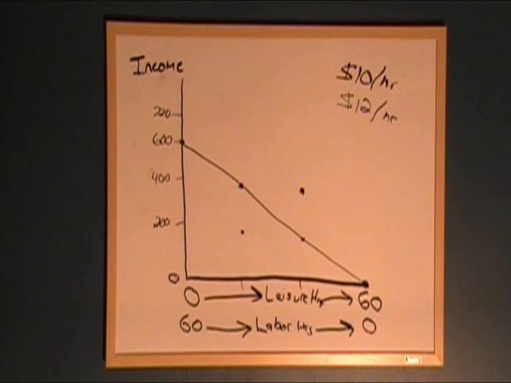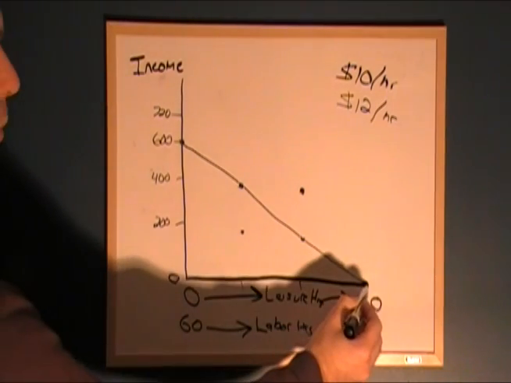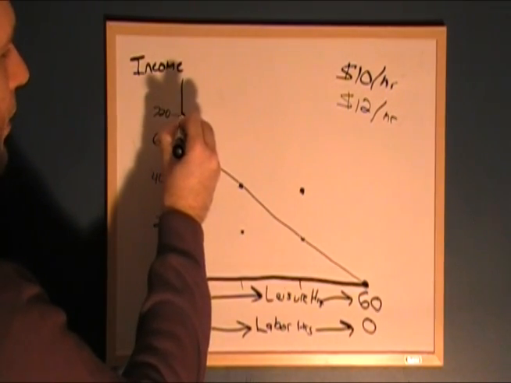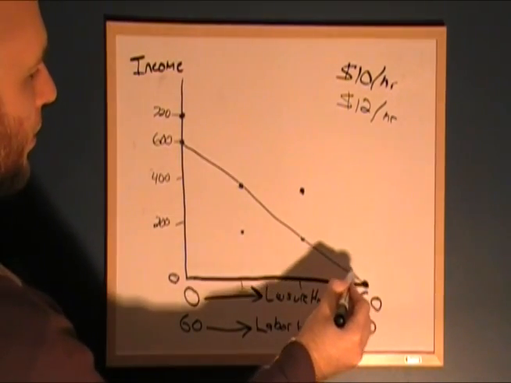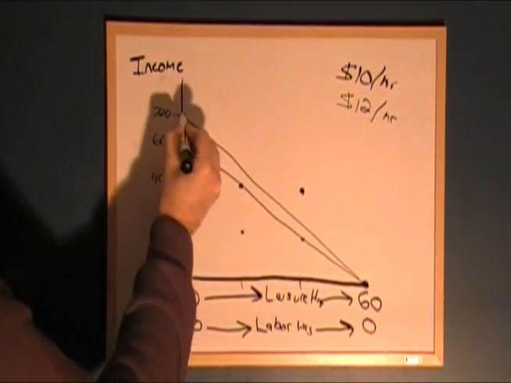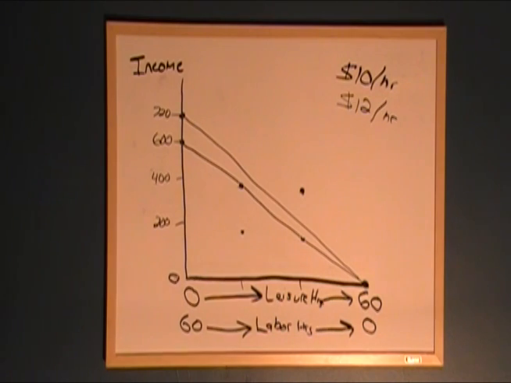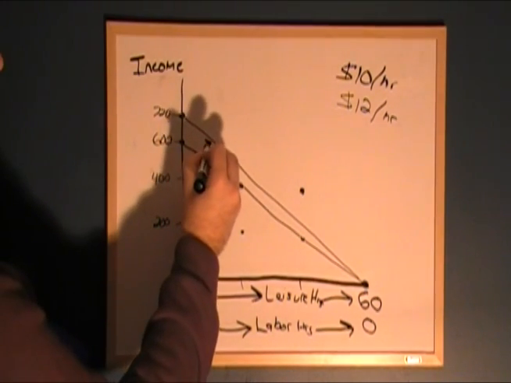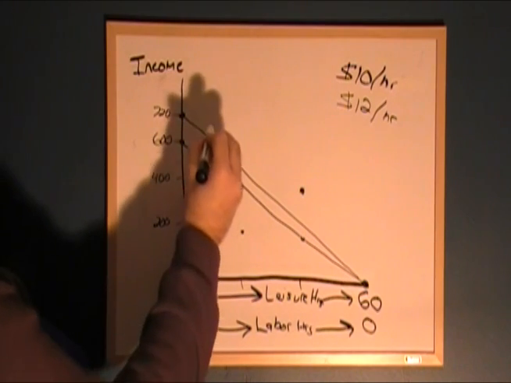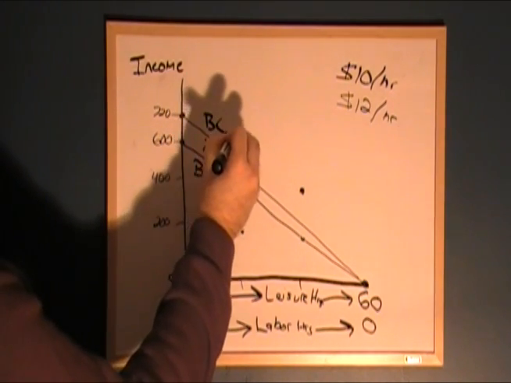If we worked 0 hours at $12 an hour, our income would still be $0. So we're still at this point here. Let's connect the dots, and you'll see that our budget constraint has rotated. Budget constraint 1, budget constraint wage change.